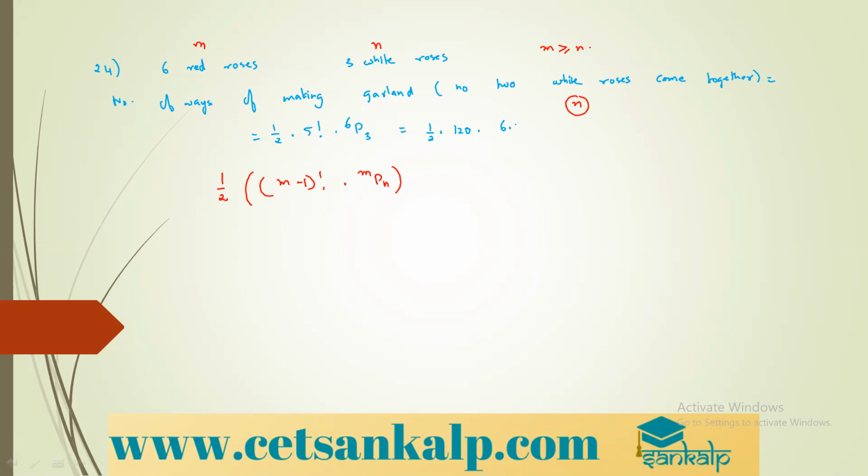Start with 6, take 3 numbers: 6, 5, 4. So that means I can write 120 into 60. That means 7,200 ways are possible.